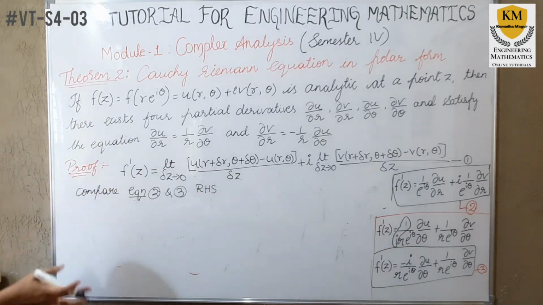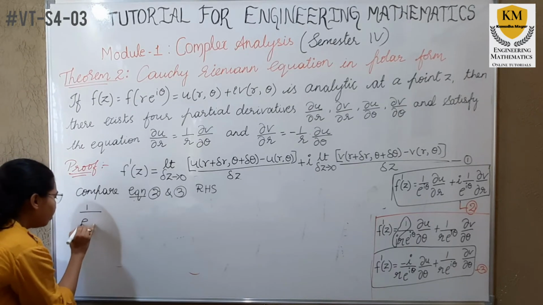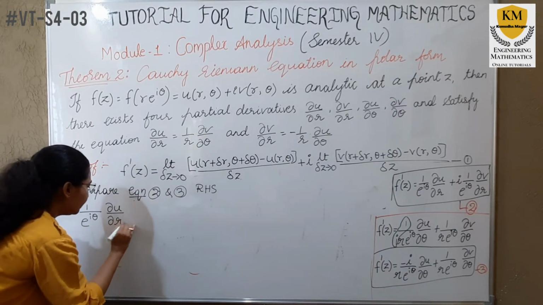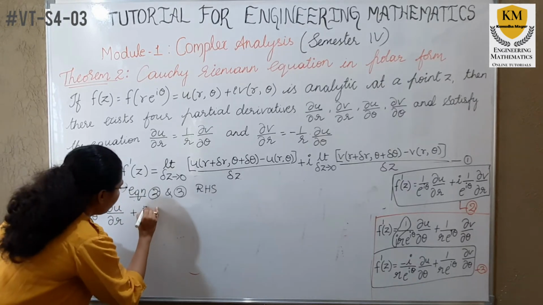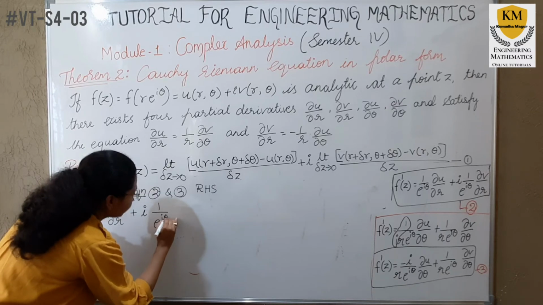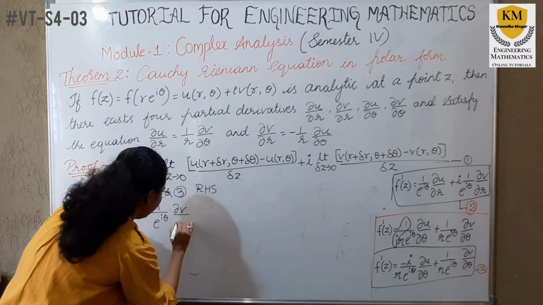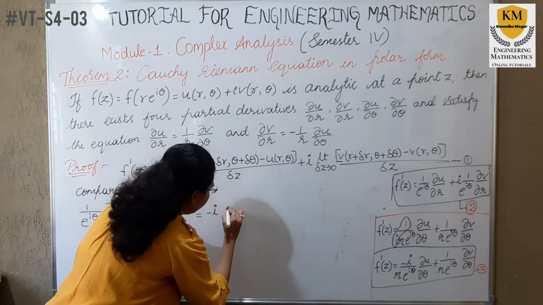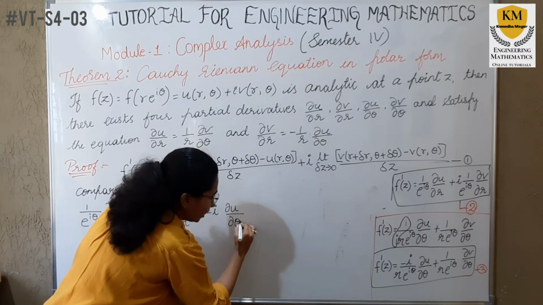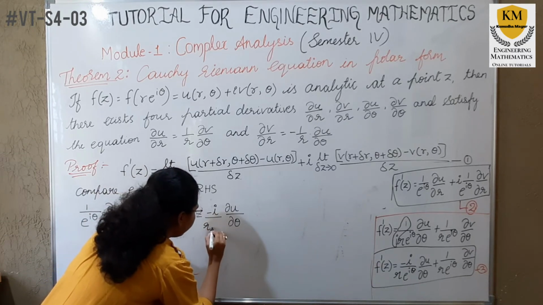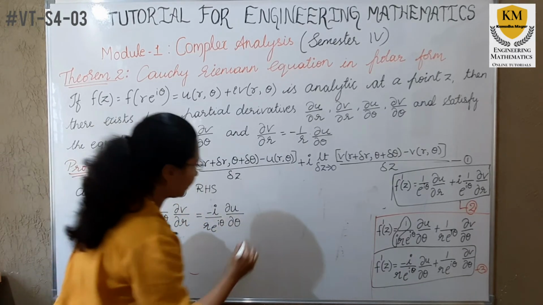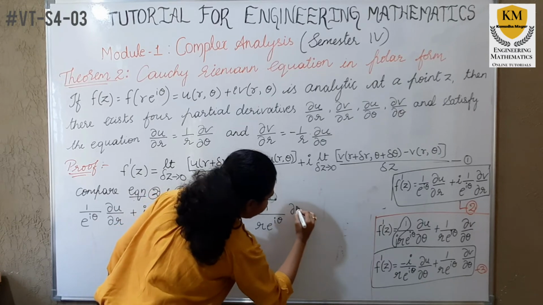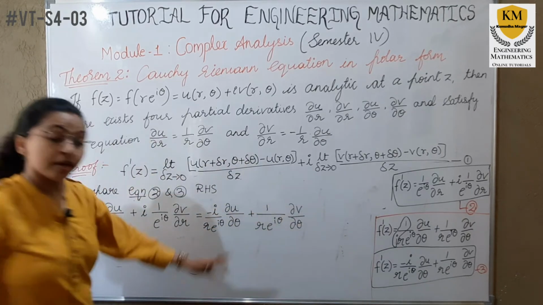Let us write the RHS of equation number 2 and 3: 1 divided by e to the power i theta del u by del r plus i into 1 divided by e to the power i theta del v by del r is equal to, observe the final step, minus i del u by del theta divided by r into e to the power i theta, plus 1 divided by r into e to the power i theta del v by del theta. Hope there is no doubt in this step.